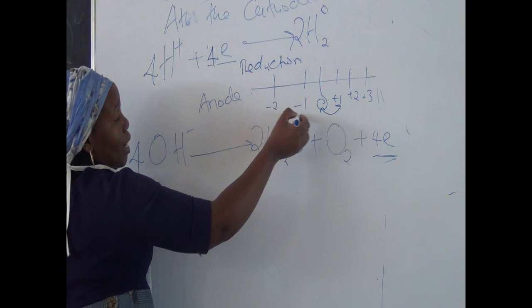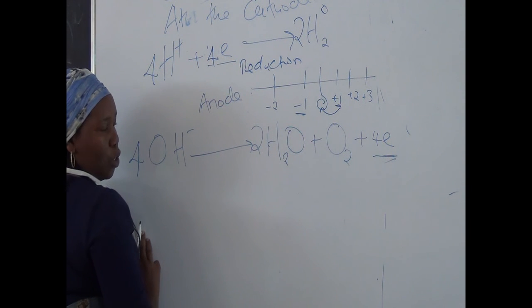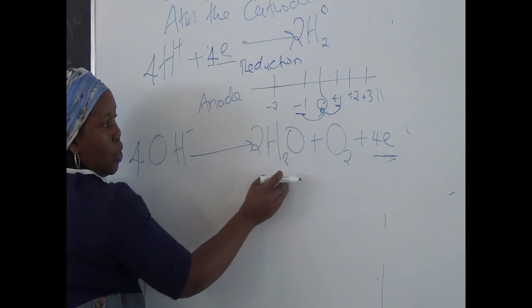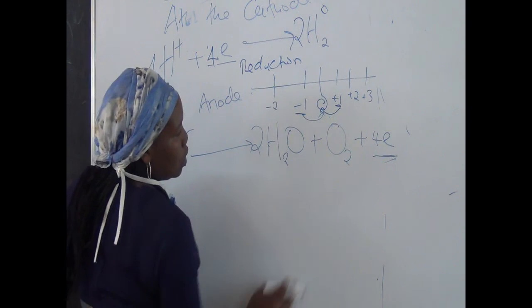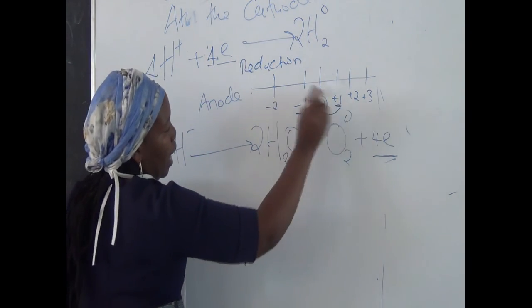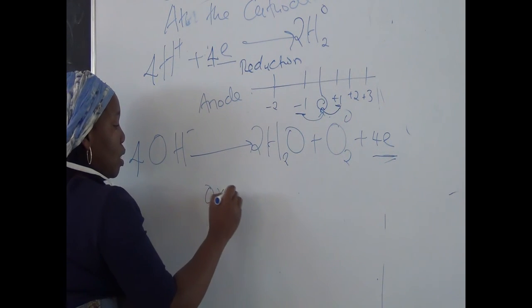Then we had -1. The OH had a charge of -1, and it has moved to 0. The oxidation state of oxygen here is 0. So that one makes it to be oxidation.